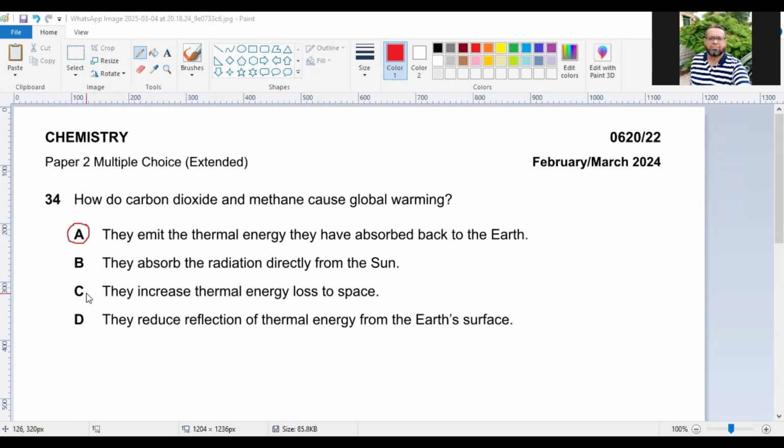Again, if it happened, then it would be very effective. D, they reduce the reflection of thermal energy from the Earth's surface. So it is also wrong because it does not reduce the reflection of thermal energy from the Earth's surface. So as we have already discussed, the correct option is A.